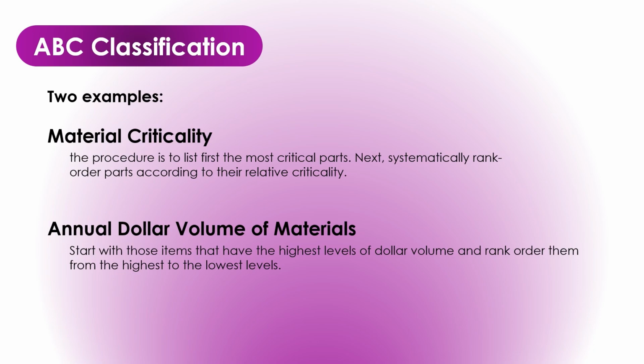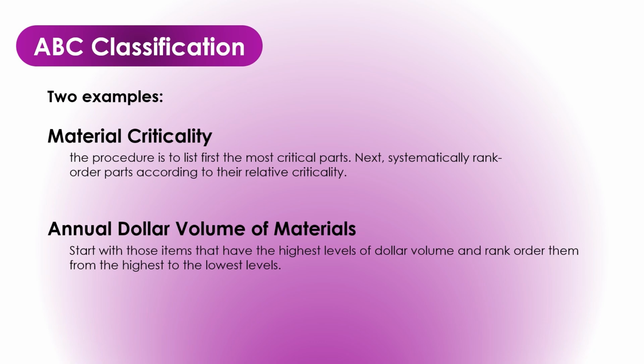Whichever definition is used for the word criticality, the procedure is to list the most critical parts first and then systematically rank order parts according to their relative criticality. So the concept of criticality should reflect the cost of failures, including dangers, loss of life, and losses in production output.